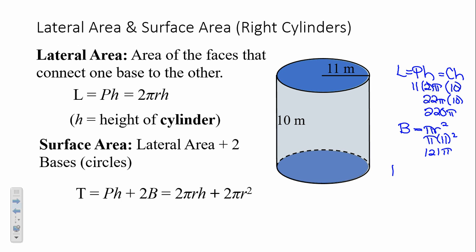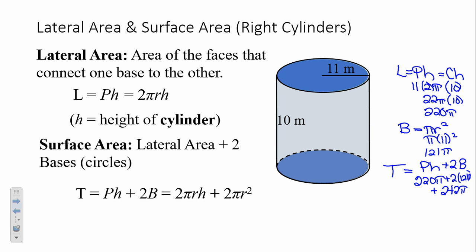So when we want to find the total surface area, we take the perimeter times the height plus 2 of these bases. So the perimeter times the height was 220 pi. We just substitute that in. And we want 2 of these 121 pi's. So 2 times 121 is 242.